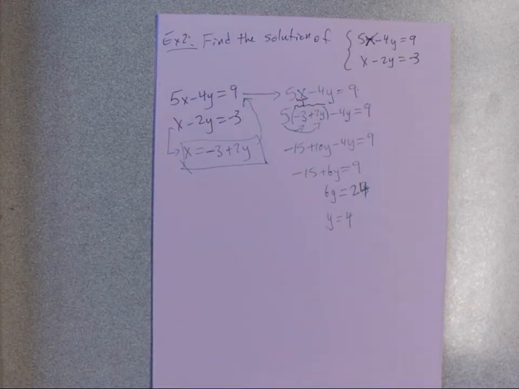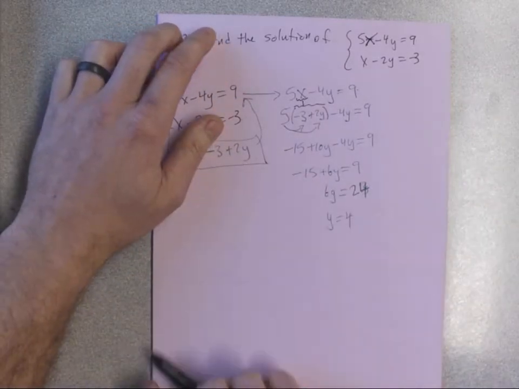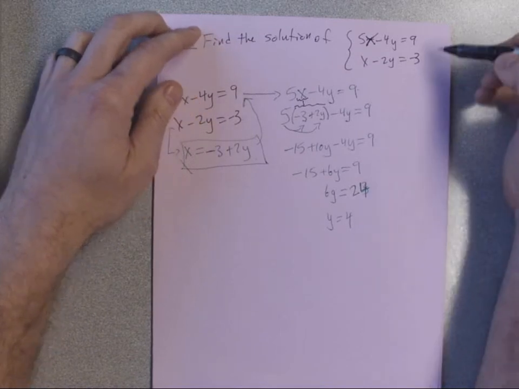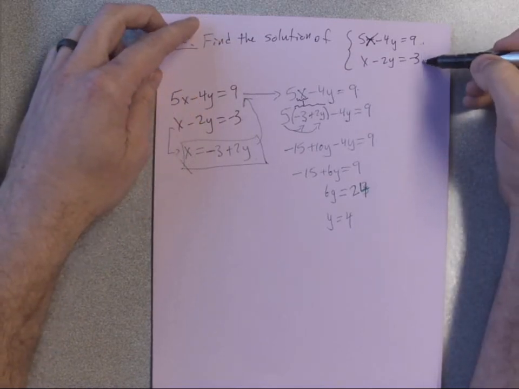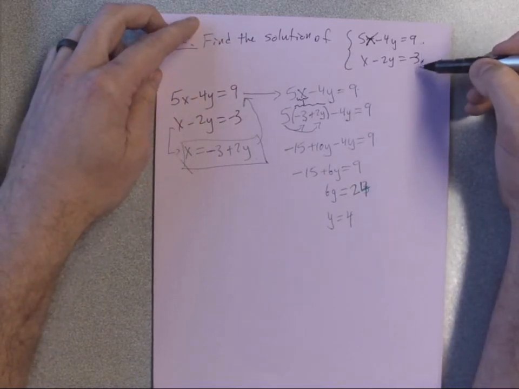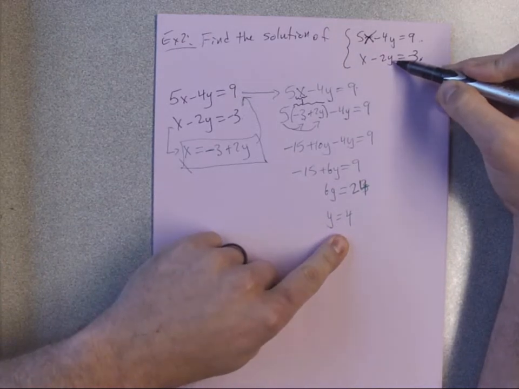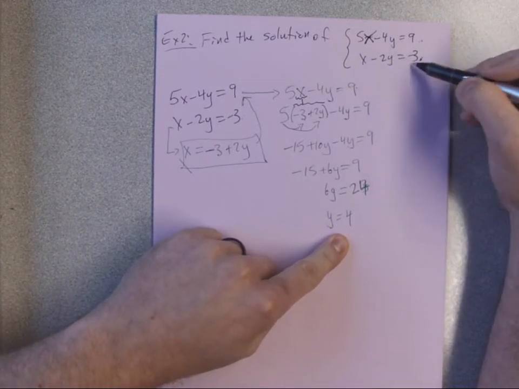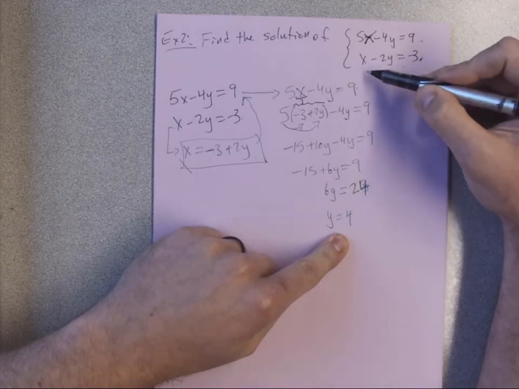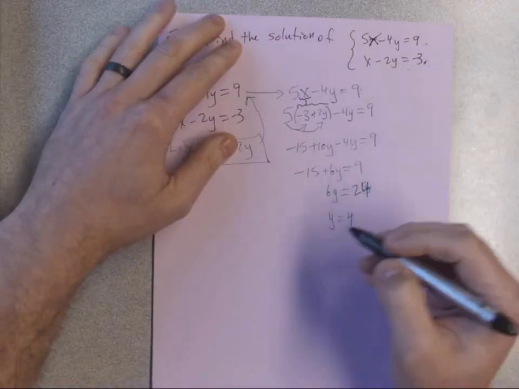Now, how do we determine what our x value is? We already know our y. So all we have to do is pick one of these equations and plug in our y value. So if I take this y equals 4 and plug that into this bottom equation, then I'm left with an equation in terms of only x, and then out will pop my x value.